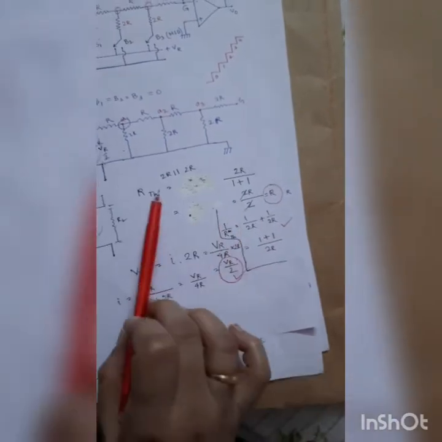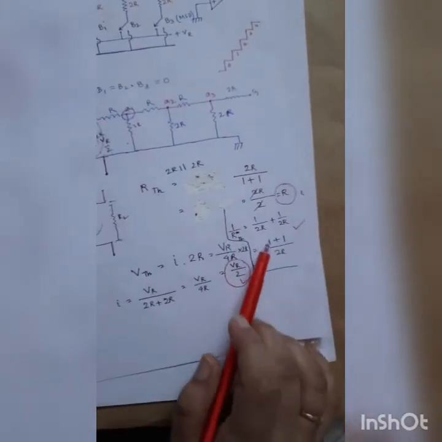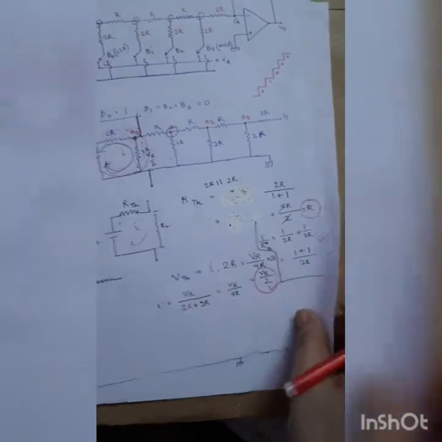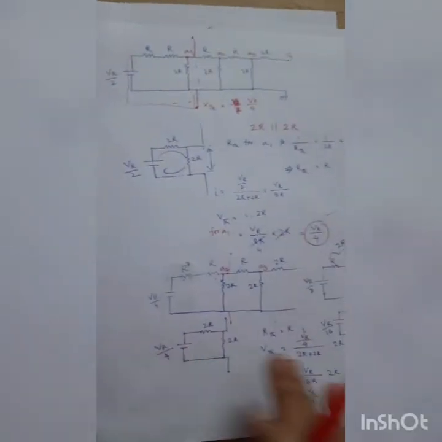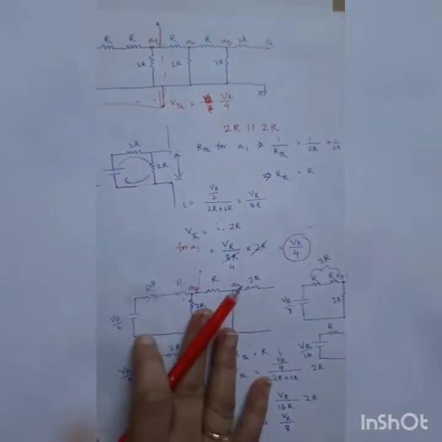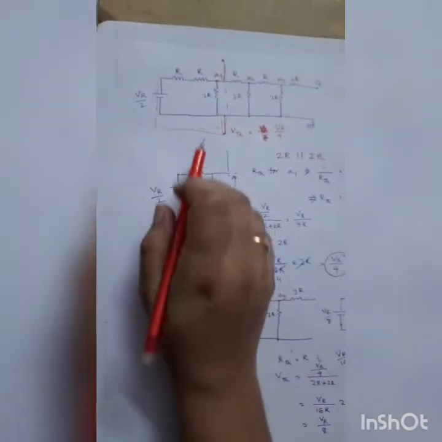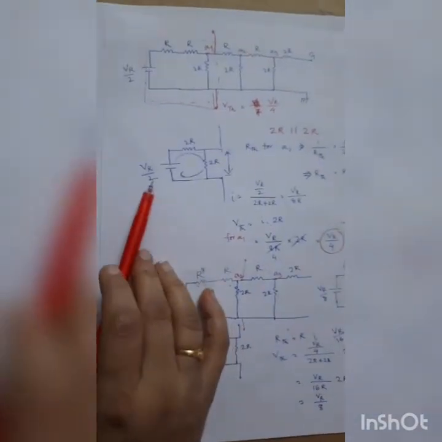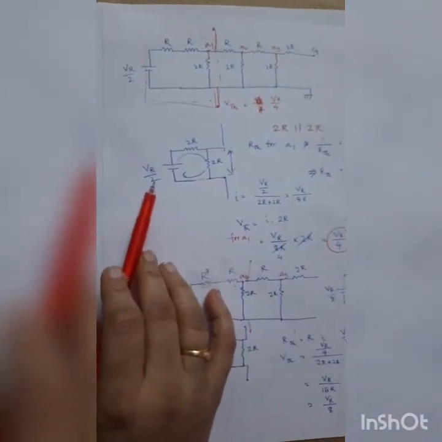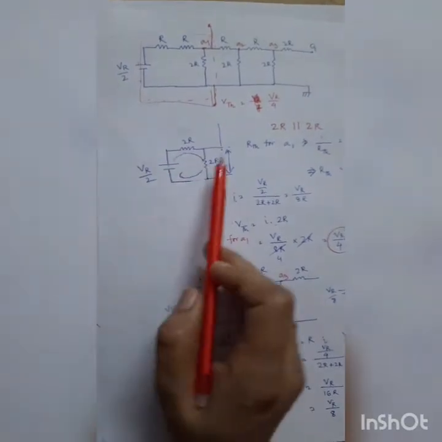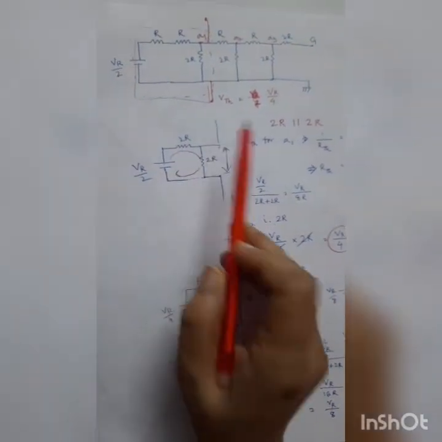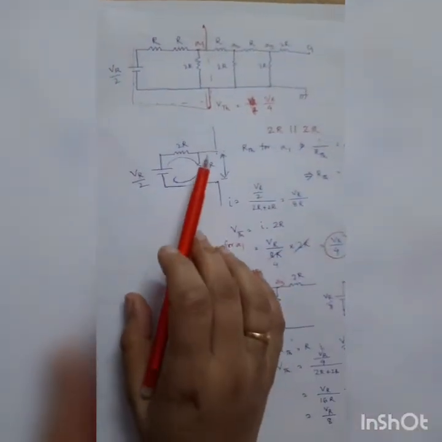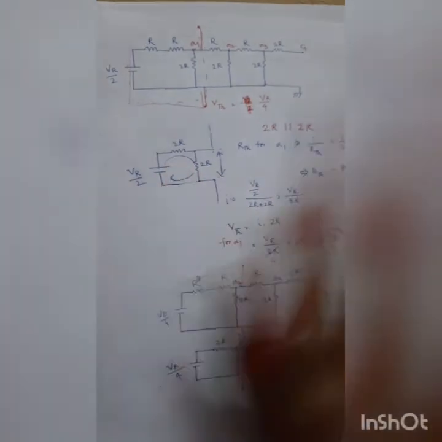Just as in the calculation here for RTH, the same one. So this is R. Now we have to calculate the VTH for point A1. The voltage is VR by 2 and the current flows through this path because no other paths are there; the remaining part we assume is open.